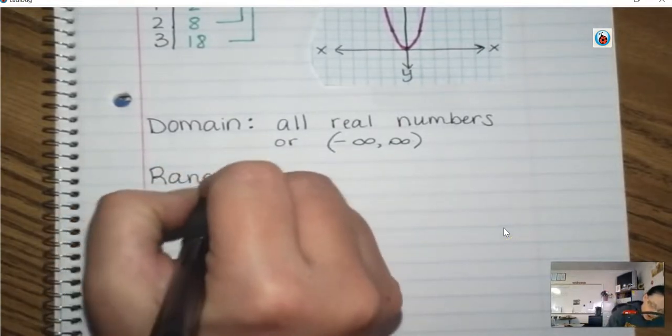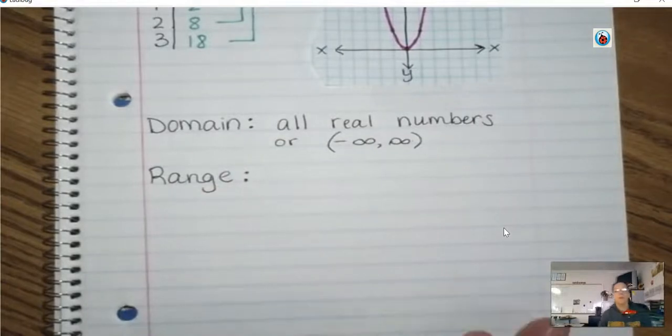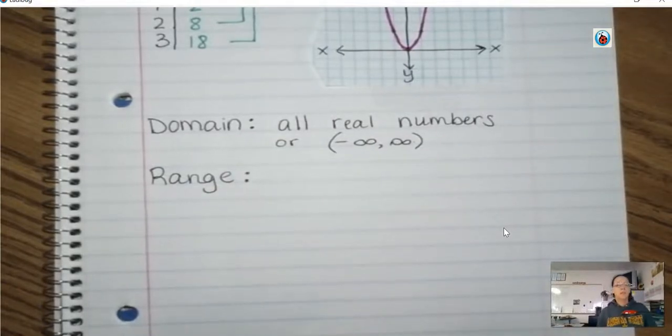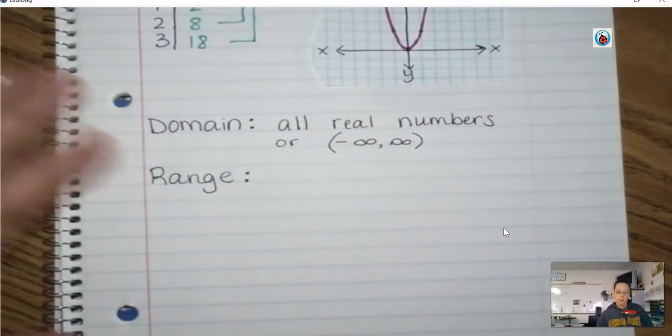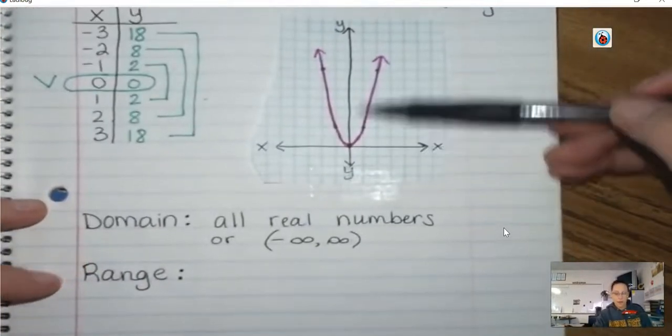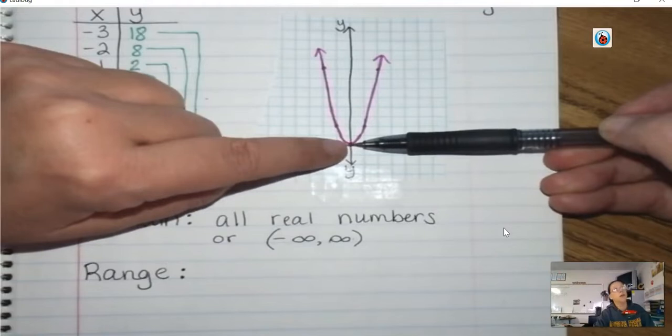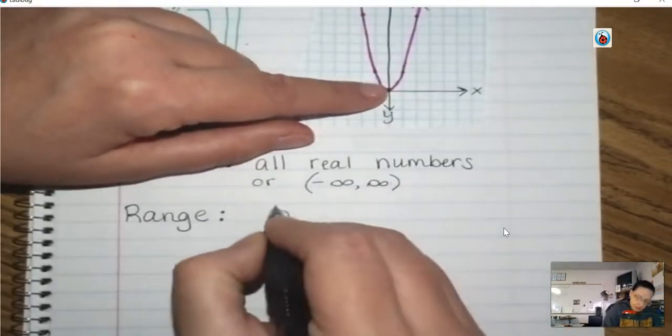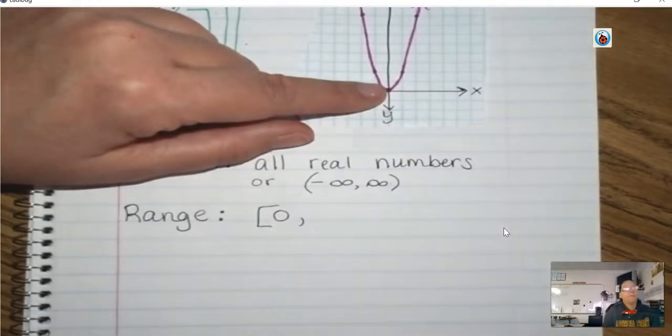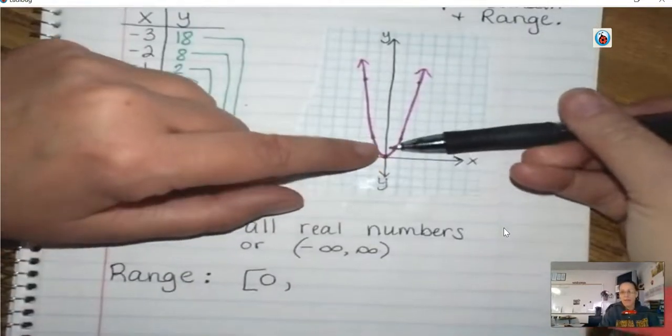Okay, range is always the tricky one. Range, we always go from the smallest number to the biggest number. So if I look at the y-axis, the smallest y that it ever hits is right here at y is 0. So it does hit 0, so 0 gets a bracket. And then it goes forever going up.